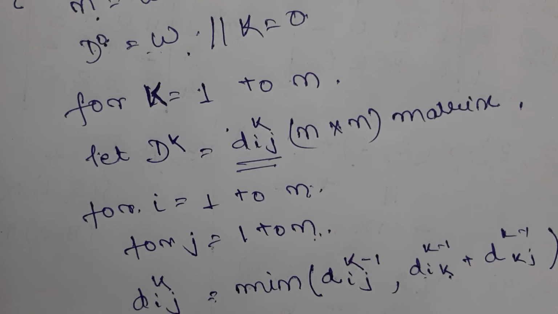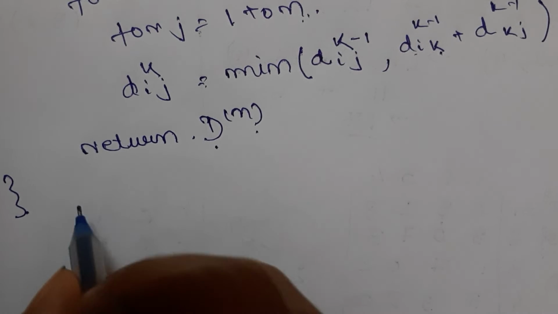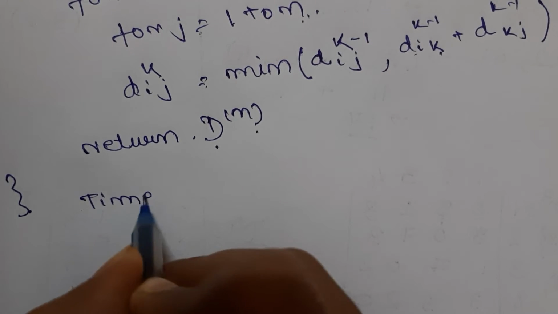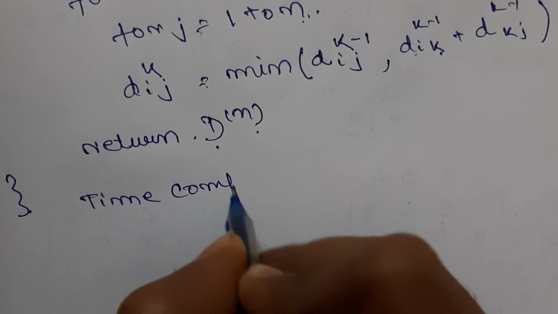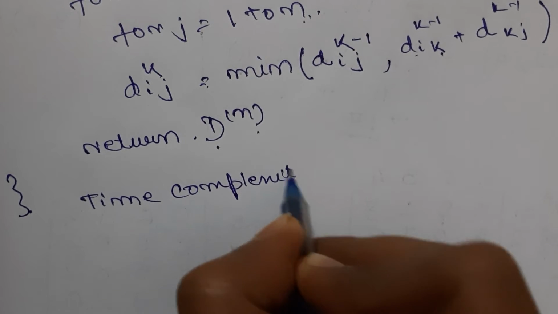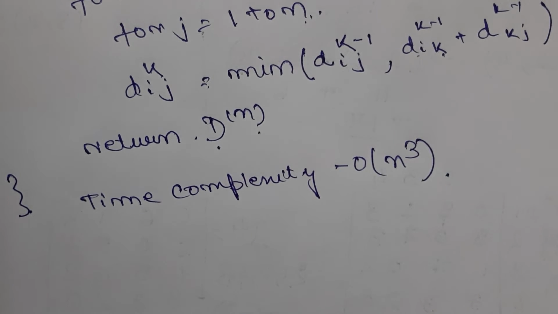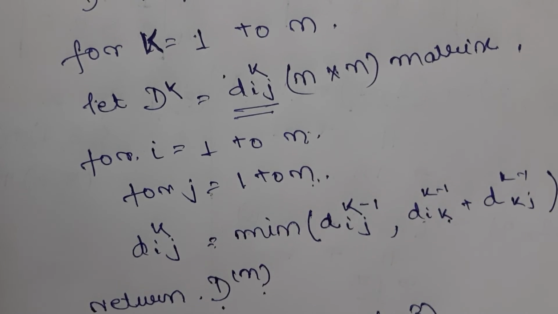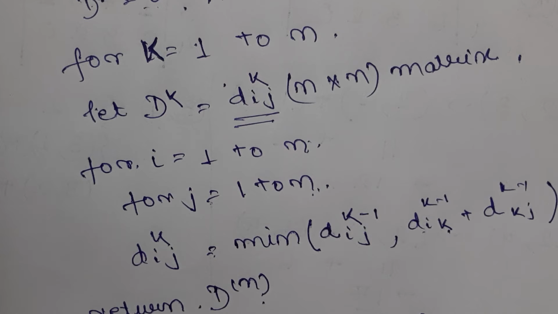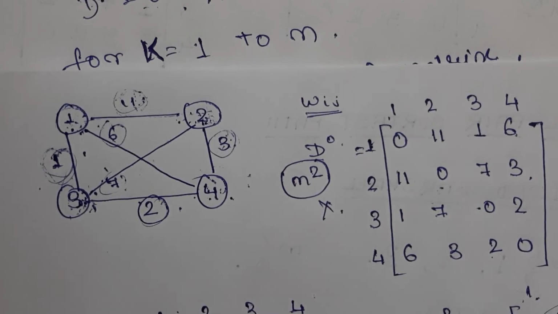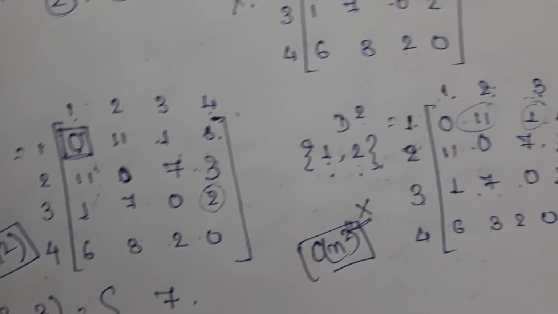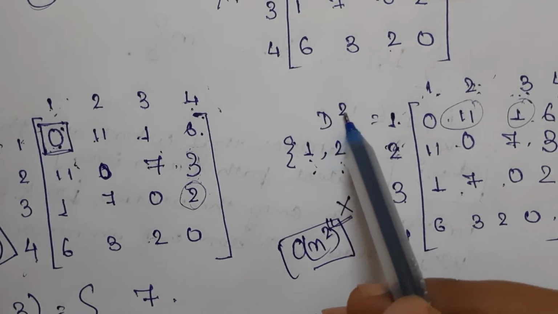Okay, as we have discussed earlier, what is the time complexity here? The time complexity here is order of n cube. Now let us see what the space complexity is. To solve any of these problems, let us take the example of d2.